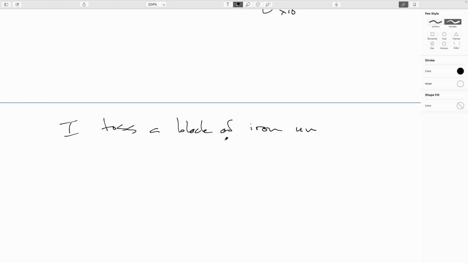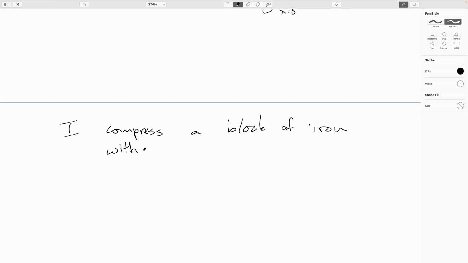I'll just say I compress a block of iron. And we're going to have to use a rig that involves hydraulic oil with 200,000 psi of pressure. What I would like to know is what is the percentage change in volume?